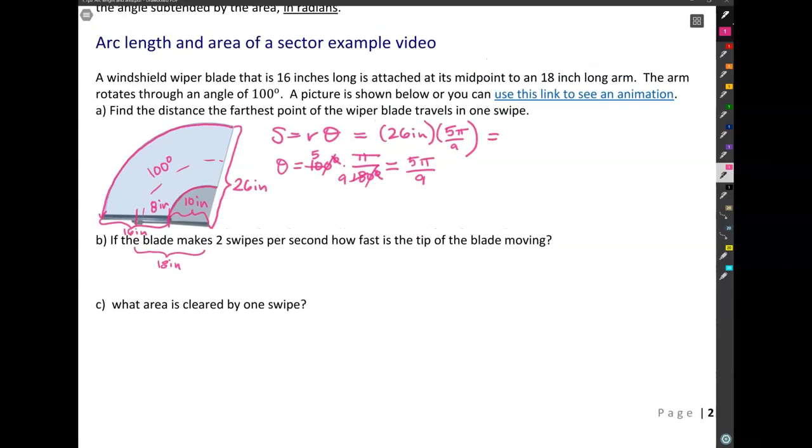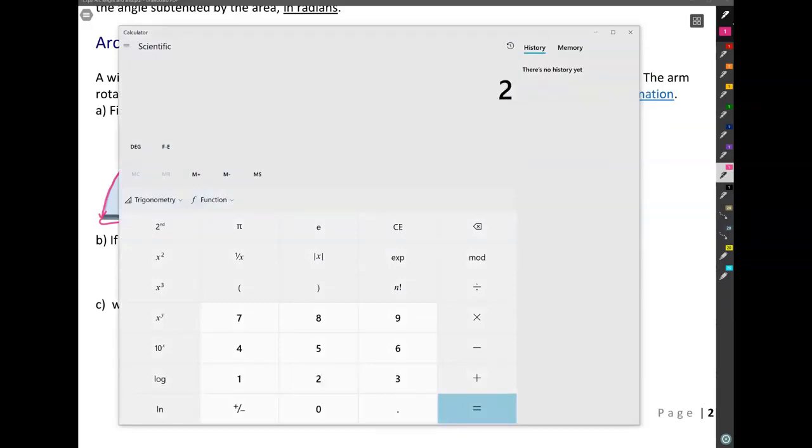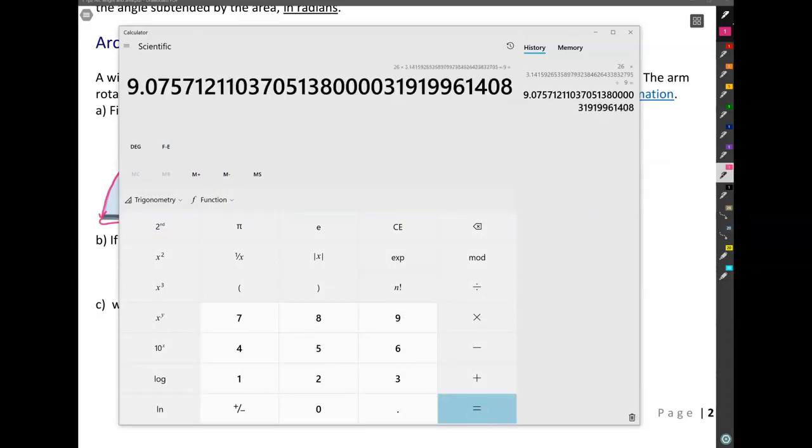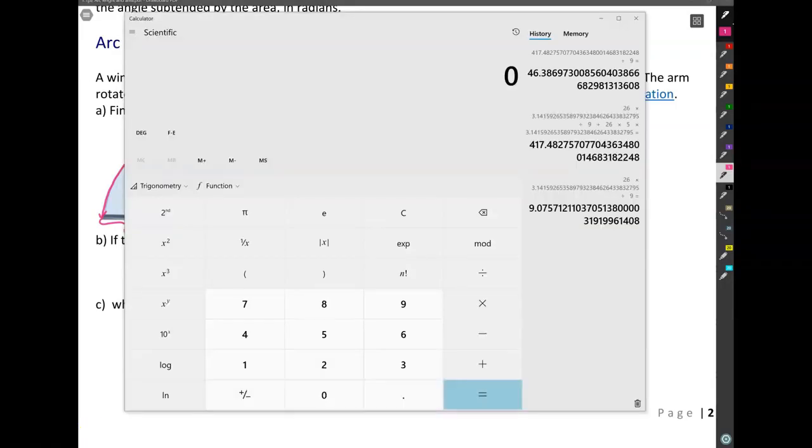26 times 5 pi over 9. I have no idea what that is, so let me get my calculator. Hopefully I know how to use this calculator. What is that giving me? Hold on, I don't think I believe it. On my calculator, these ones are always a pain.